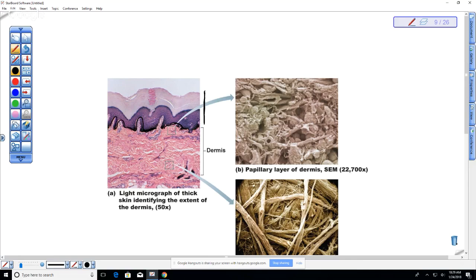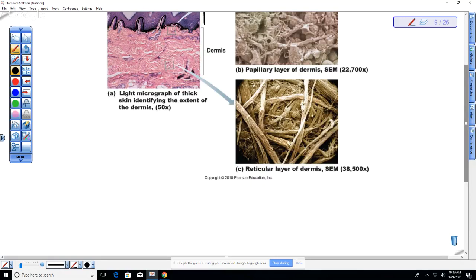So the melanocytes are there. And then we can see this papillary layer. So notice that the papillary layer extends up like this, right? And then the thick dermis is full of these fibers. Particular layer of the dermis versus the papillary layer. Notice how many more fibers are located in that particular area.